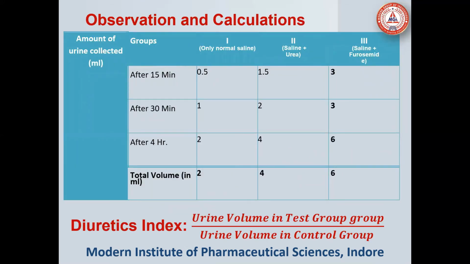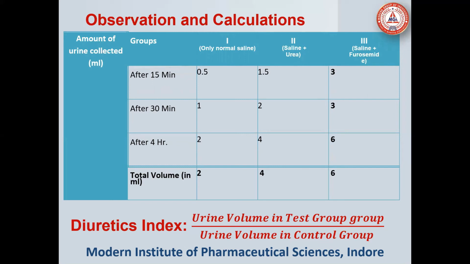Now, for the observation and calculation, we have just mentioned the rough data. In group first, where we are giving only normal saline, after 15 minutes 0.5 ml of urine is collected. After 30 minutes, 1 ml of urine is collected, and after 4 hours, 2 ml urine is collected.